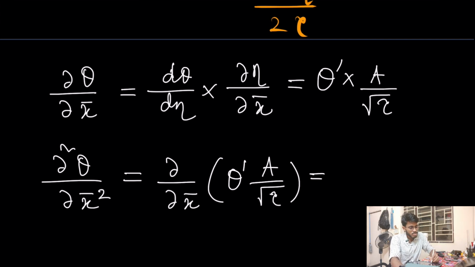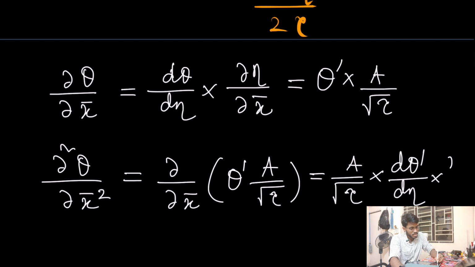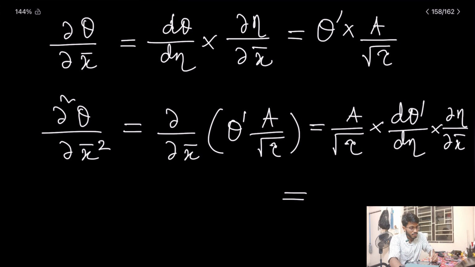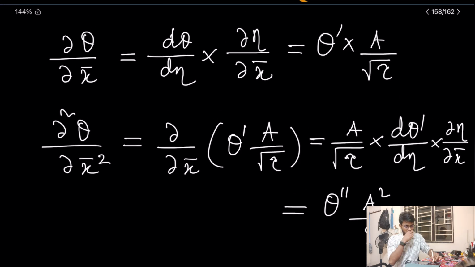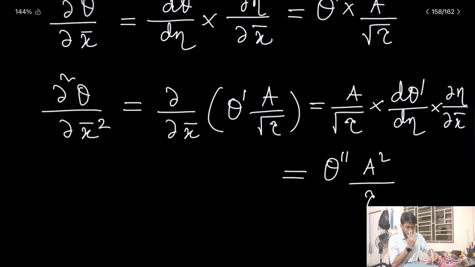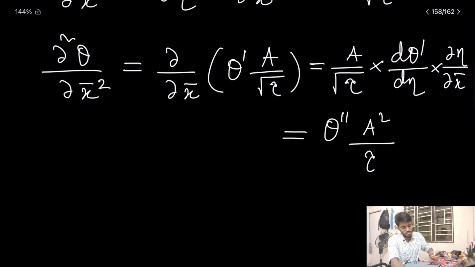So a by root tau is a constant, I can take this out, and this I can write as d theta dash d eta into del eta del x bar. So here I will have theta double dash into a square by tau. Clear? Okay, I think that is fine.